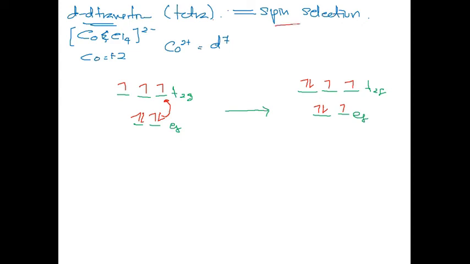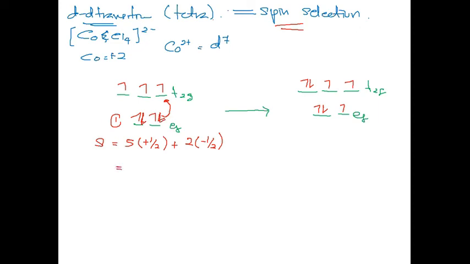Because this is spin selection, we look at the S value. Here, 5 times positive half plus 2 times negative half, because there are two arrows, two spins pointing down.